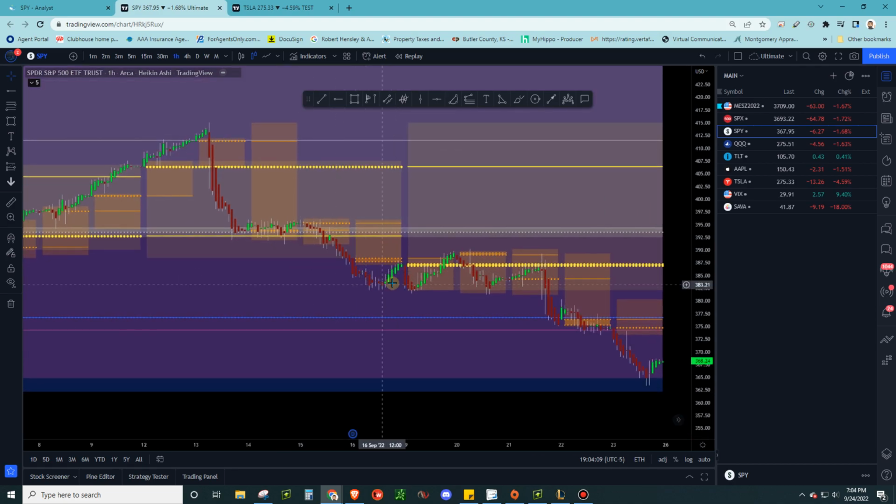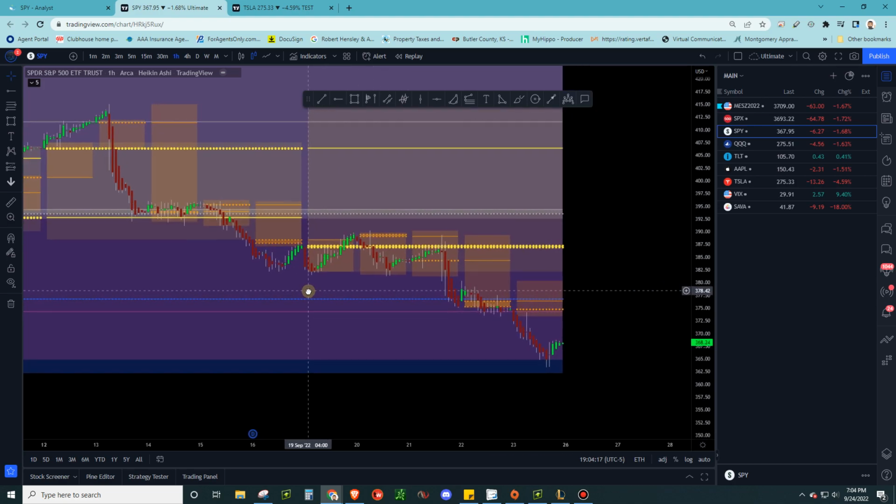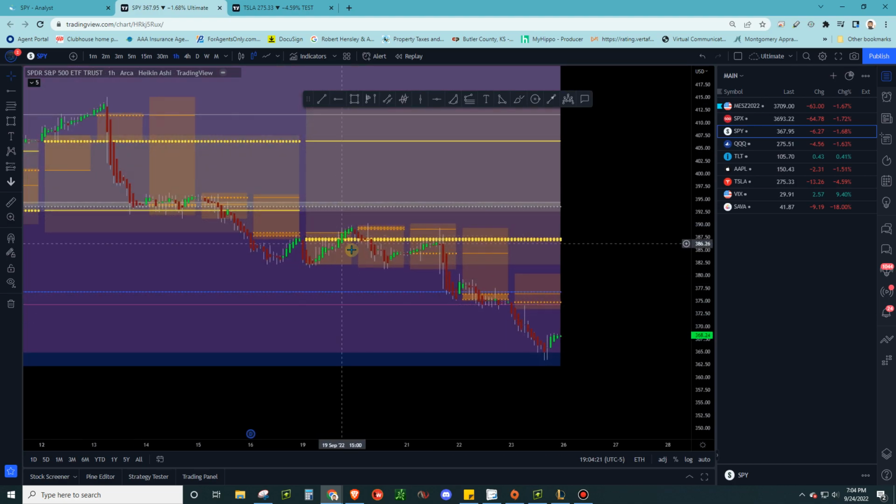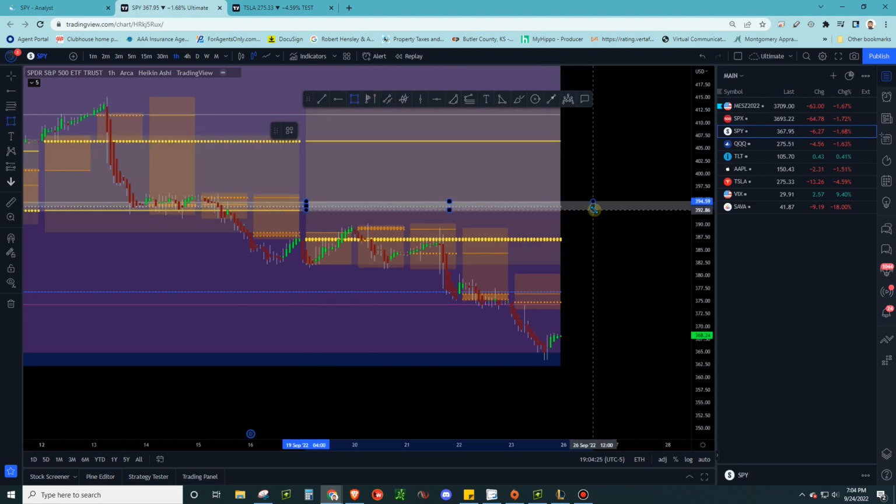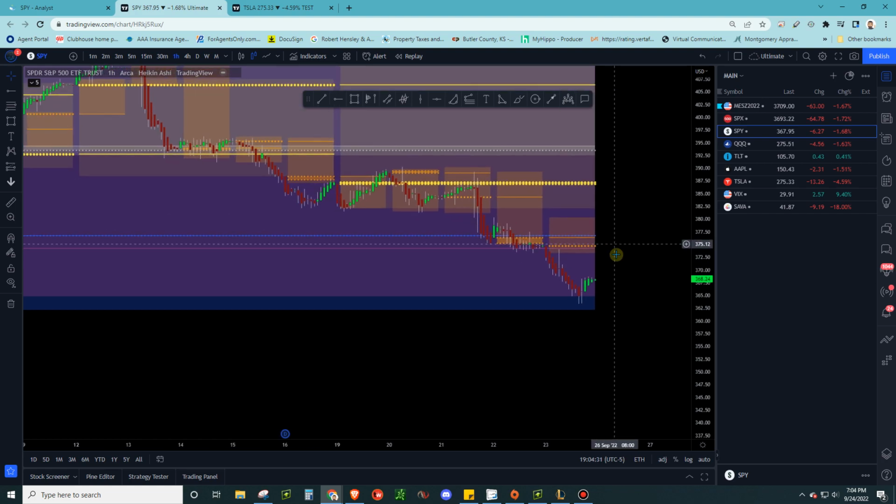And then they bring it back to below the previous week low, which was right here. So we went from above the previous week high to closing below the previous week low. That's pretty bearish as far as the move goes. And then we open up below this level here, which is our previous month low. So it really helps to give you some really good context of where the market is trading.